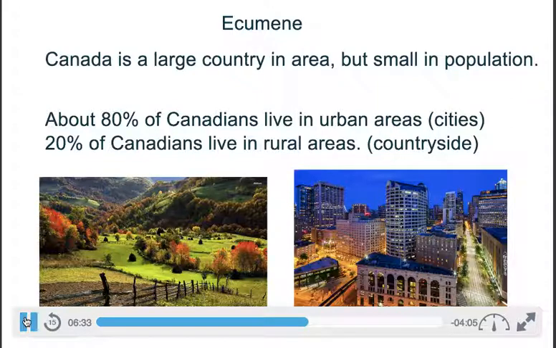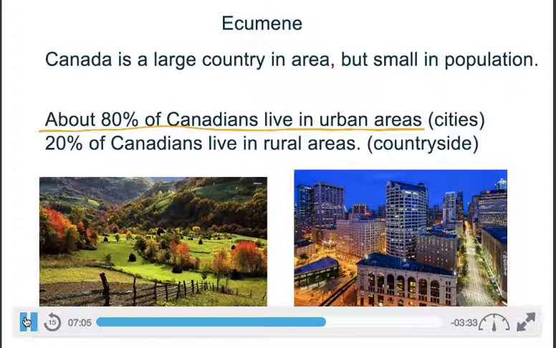Now, last but not least, let's look at why Canadians only live in certain areas. So, as we learned before, Canada is a very large country in area or in size, but it's super small in population. Remember, the state of California has more people living in it than the entire country of Canada. So it's very drastic. Now, one of our texts talks about how about 80% of Canadians live in urban areas or cities.